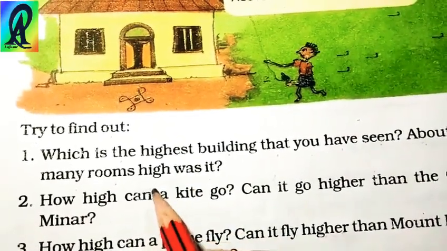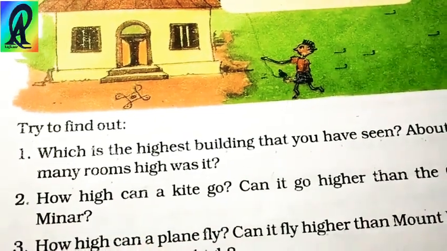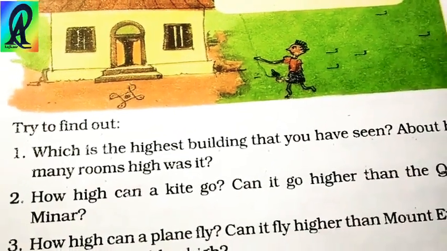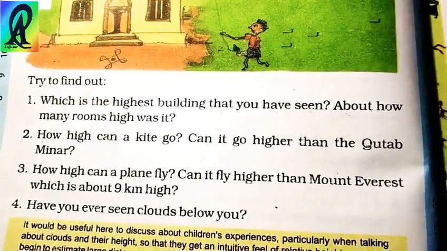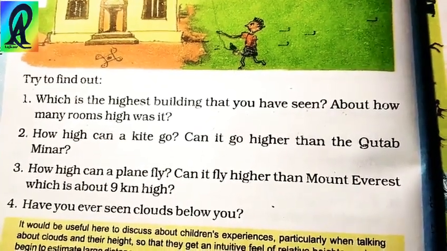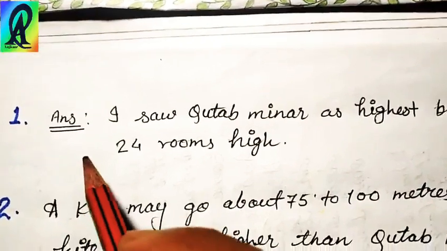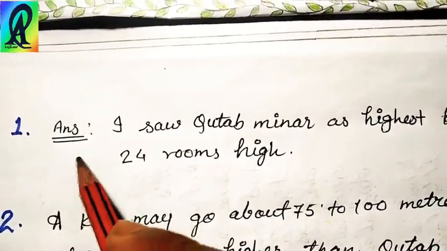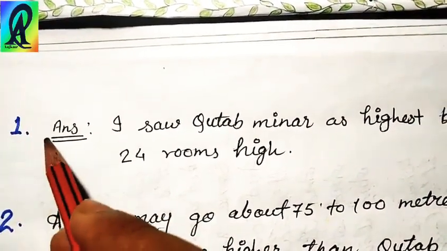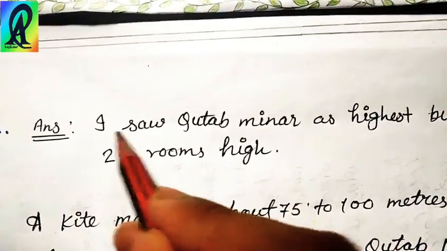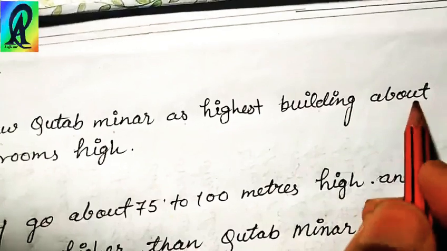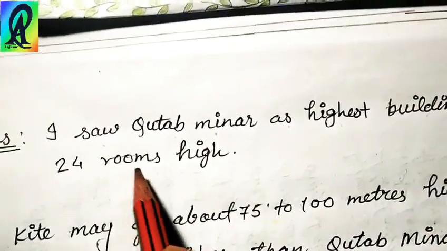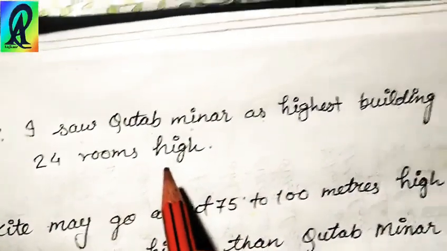I think the highest building I have seen is Qutub Minar. So the answer of the question is, I saw Qutub Minar as highest building, about 24 rooms high.